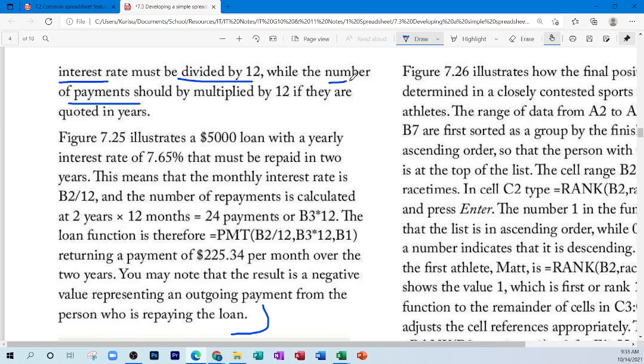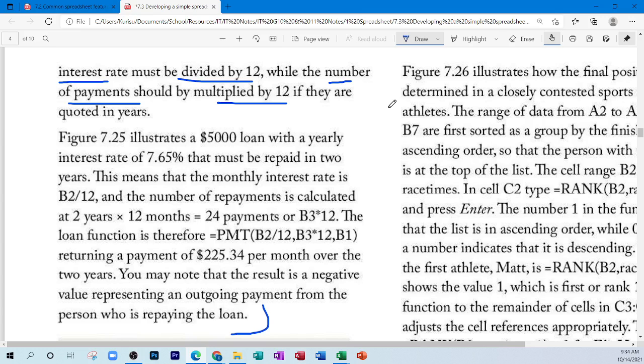Figure 7.25 illustrates a $5,000 loan with a yearly interest rate of 7.6% that must be repaid in 2 years. This means that the monthly interest rate is B2 divided by 12, and the number of repayments is calculated at 2 years times 12 months equals 24 payments, or B3 times 12.